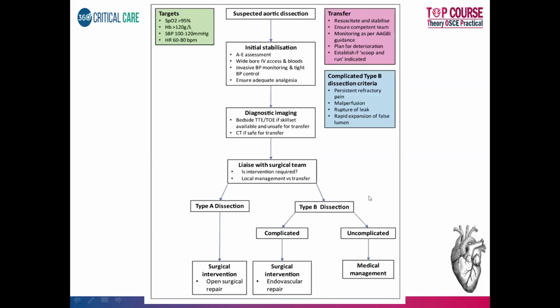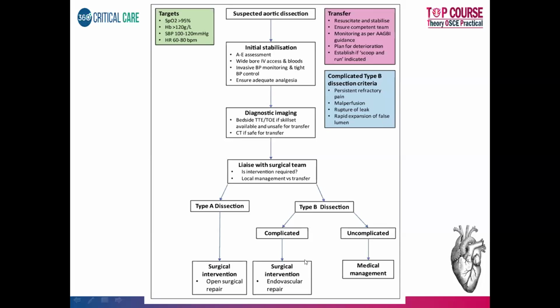Now, what is this complicated type B dissection? If there is persistent refractory pain, if there is malperfusion, meaning limb claudication, or if the renal system is involved, or if there is a rupture or leak, or a rapid expansion of the false lumen, then it is known as complicated type B dissection.